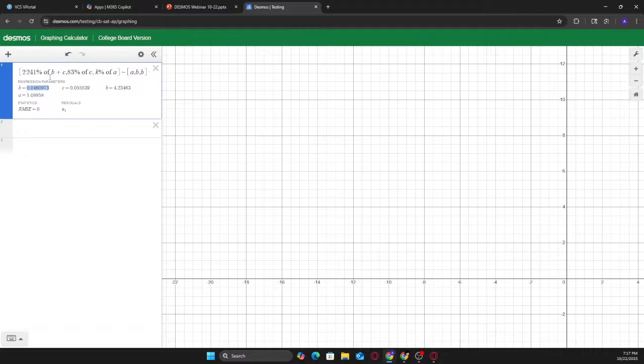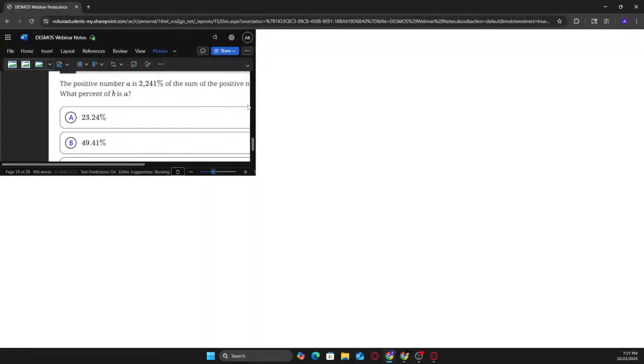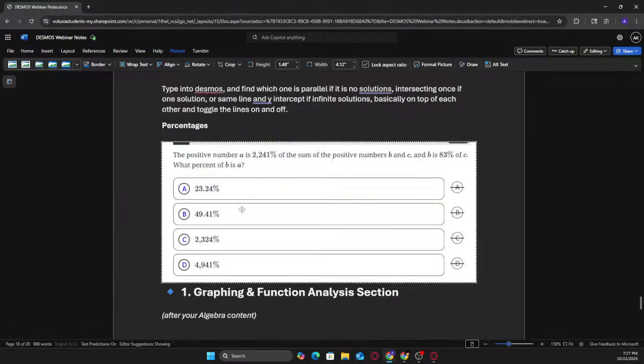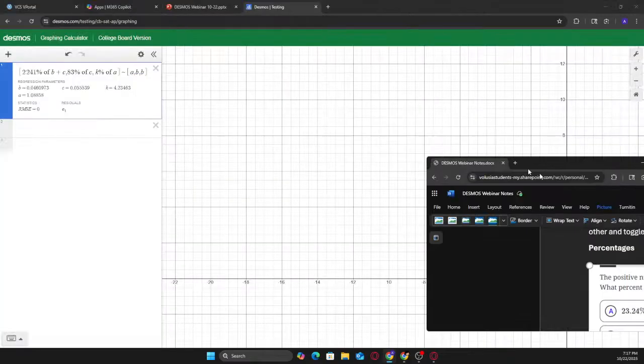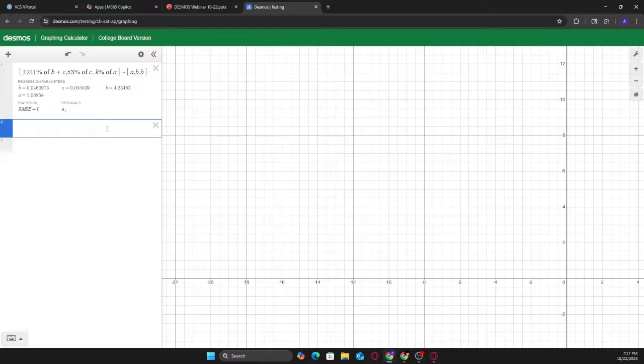There's approximation. I wasn't as familiar with it compared to this. You can type out a lot of the case right here, and basically all you need to do is type out what number it is. So let's say it's 2241% of B, and we can say that equals A.